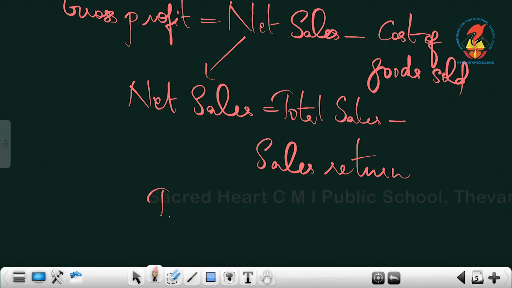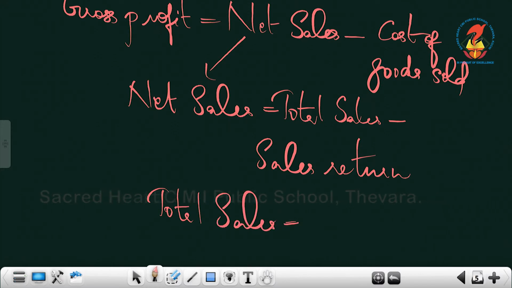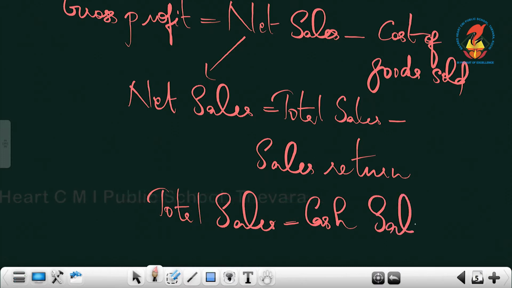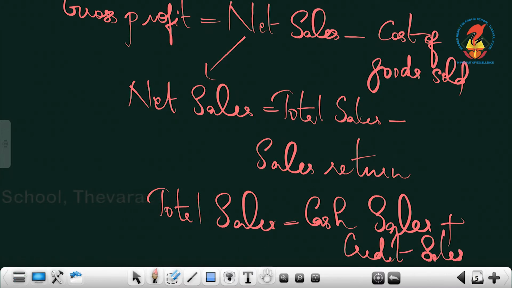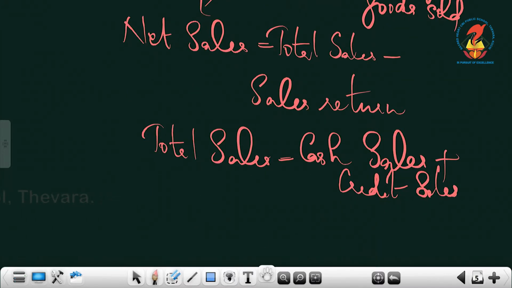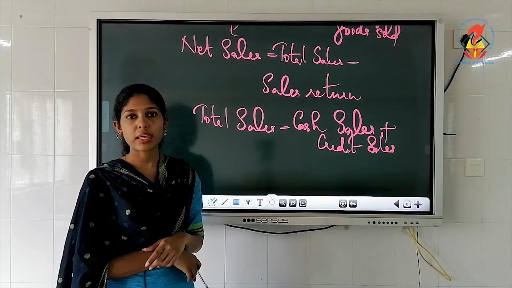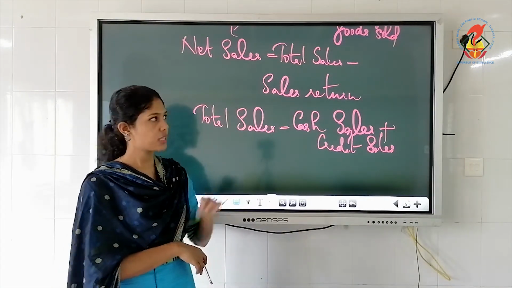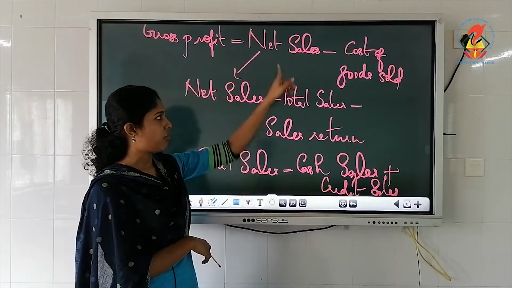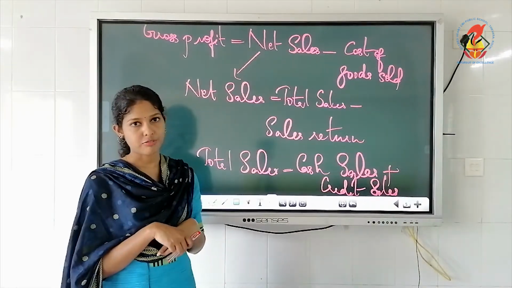In this question, total sales is not directly given. So what can be the total sales formula? That is the total of cash sales and credit sales. Understood? Total sales means cash sales plus credit sales. Then total sales minus sales returns, we will get net sales. That's what we need in this formula: net sales minus cost of goods sold.